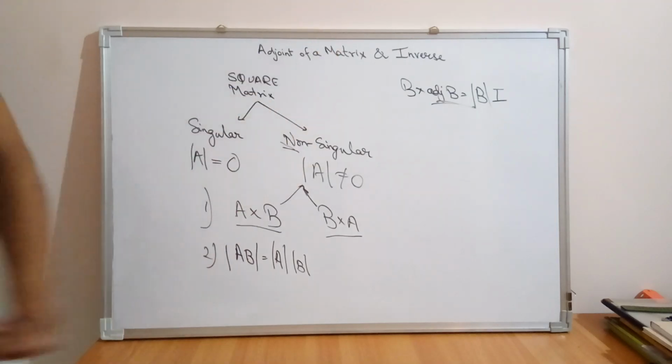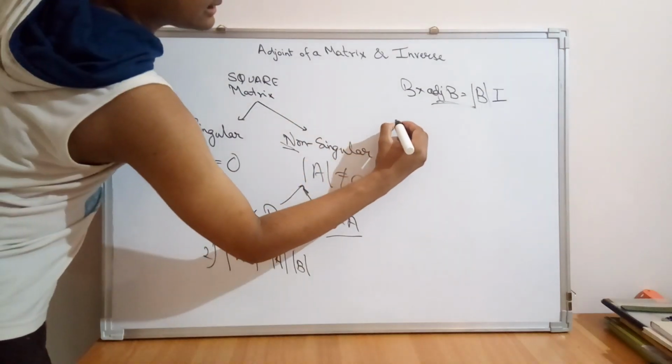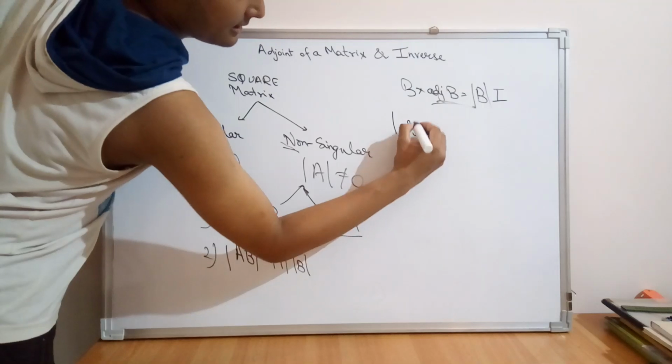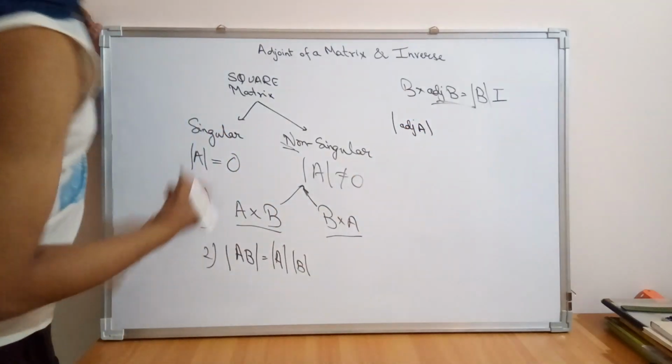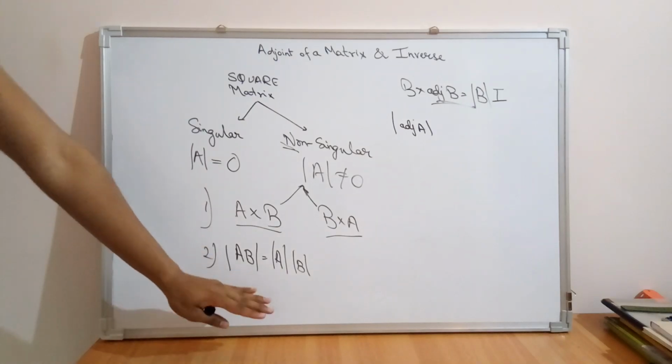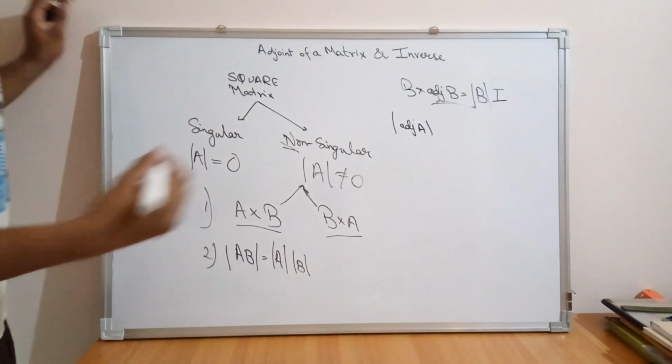So now we are going to do something else. Instead of finding something, we'll find like this. So maybe det of adjoint A. Okay, we are going to use this property and find out this, and this property also we need to use in that case.